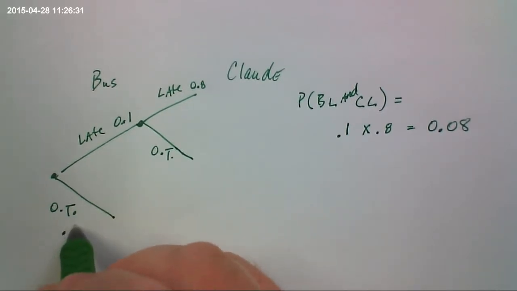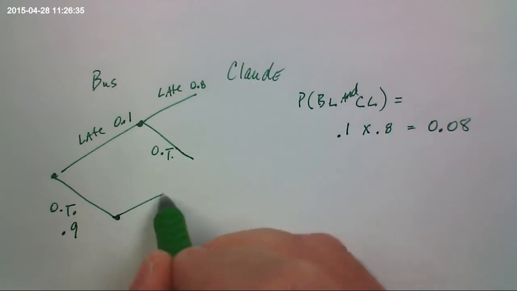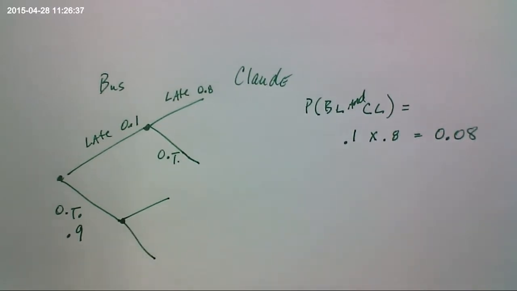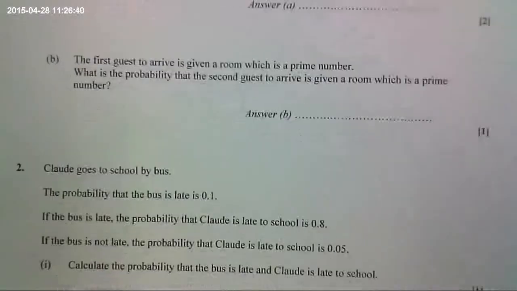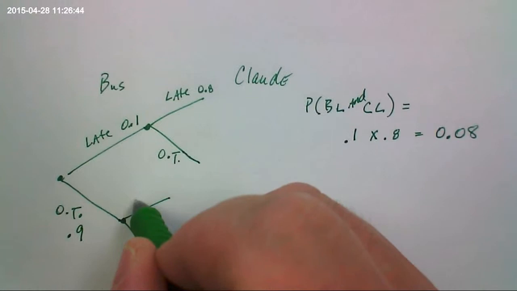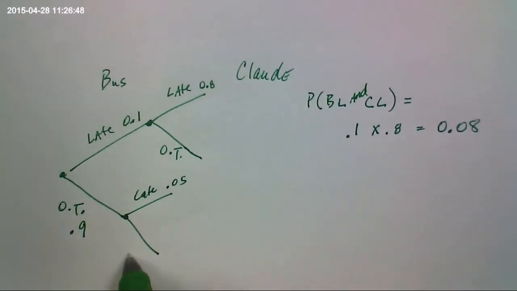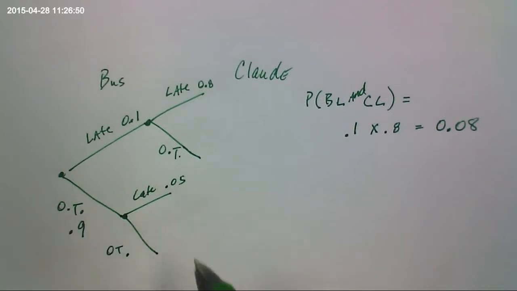So the probability that the bus is on time is 0.9. Now, if the bus is on time, it says right here that the probability that Claude is late is 0.05. So late would be 0.05, which means that the bus is on time and he's on time would be a 95% chance that he's on time.